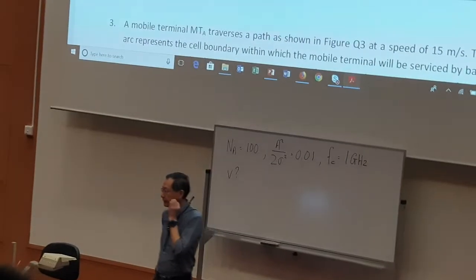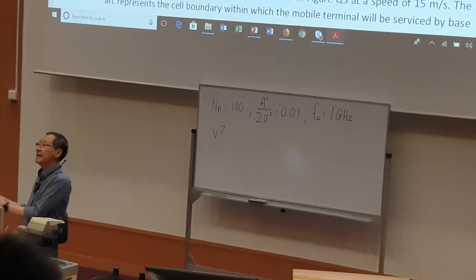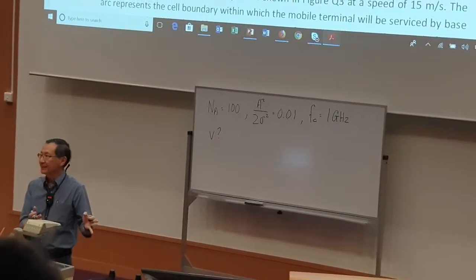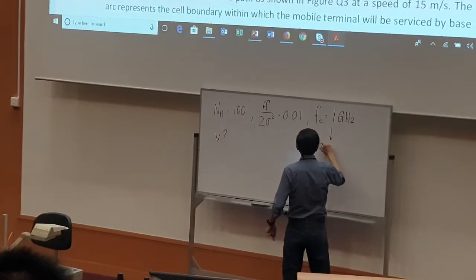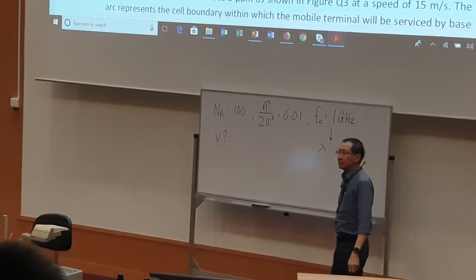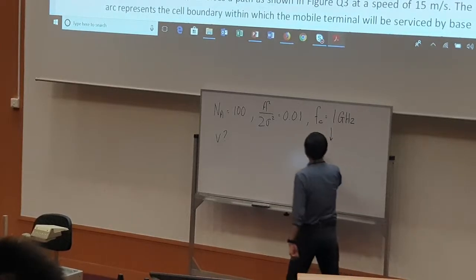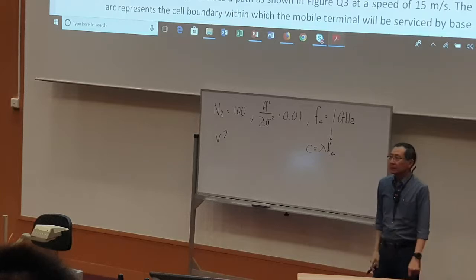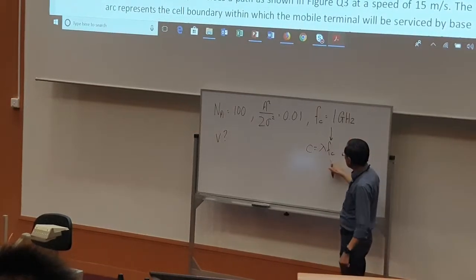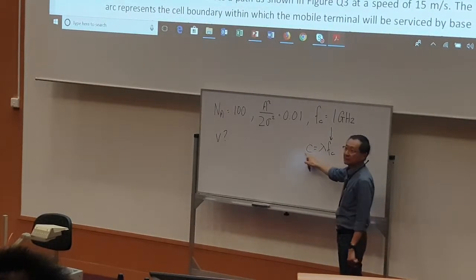So if you can find FD, you can find V, because this here will give you lambda. From here, you know FC, you know C, 3 times 10 to the 8. So you can find lambda.